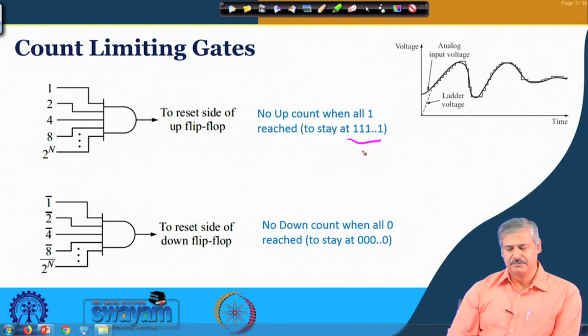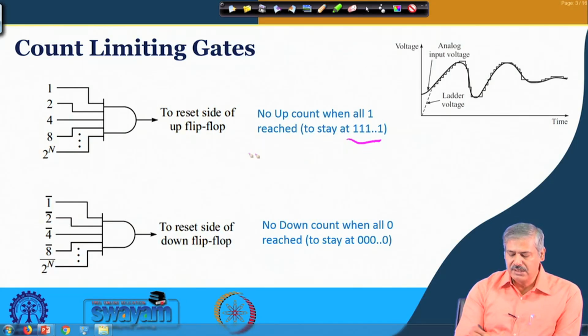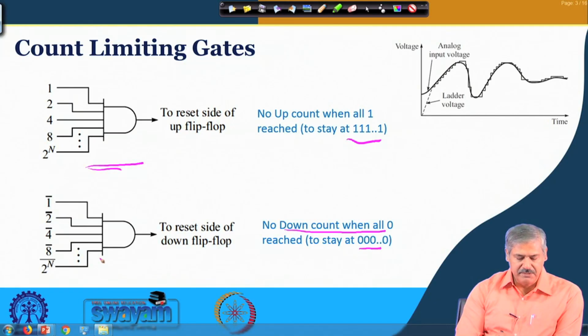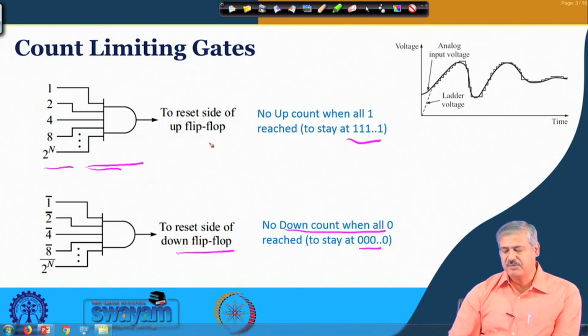So, at that time it should not; it should remain at that value only. Okay. So, that is what is ensured by putting in this additional circuit: no up count when all 1s are reached, no further up count, and similarly no further down count when all 0s are reached. Here you are putting all inverted outputs, complementary outputs, to the reset side of the down flip flop, and here it is all uncomplemented to the reset side of the up flip flop. Is it clear? Okay.